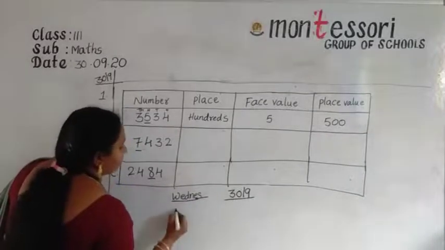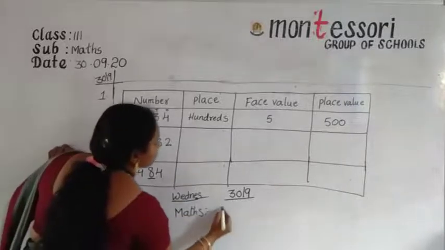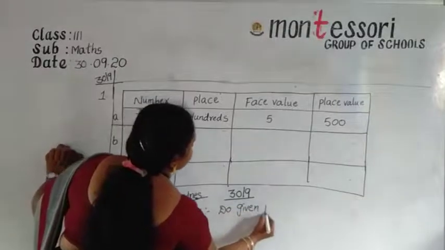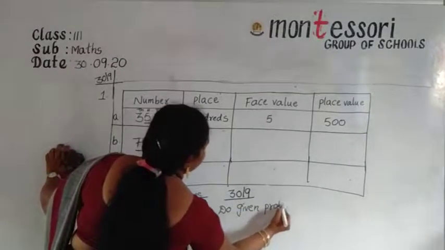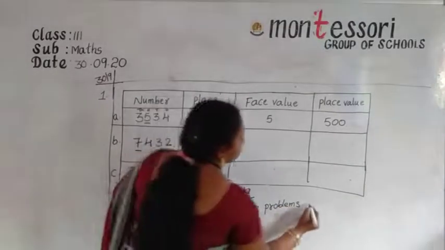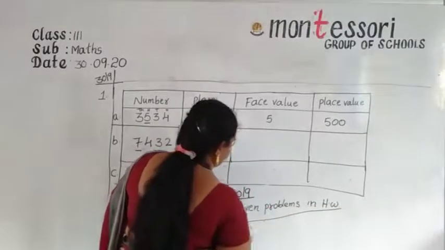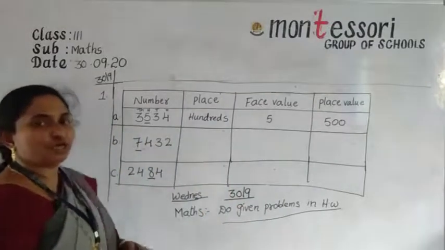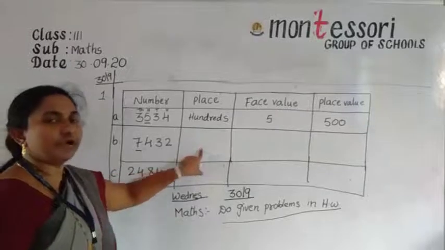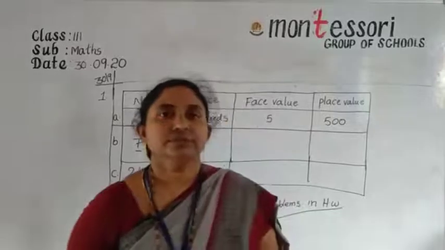Okay, and diary work: do the given problems in the homework book. Okay, the given problems you can write in your homework book. Note down, all of you, and write with neat handwriting and take a photo and send it to your concerned WhatsApp group. Thank you.